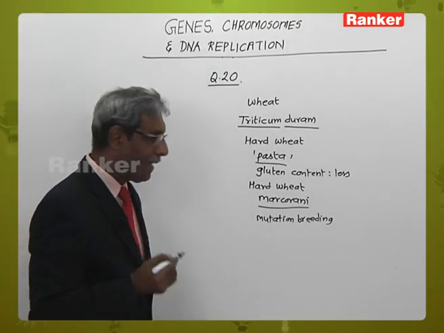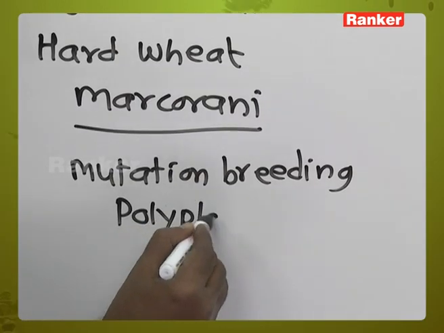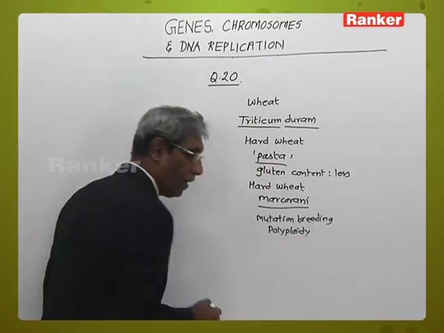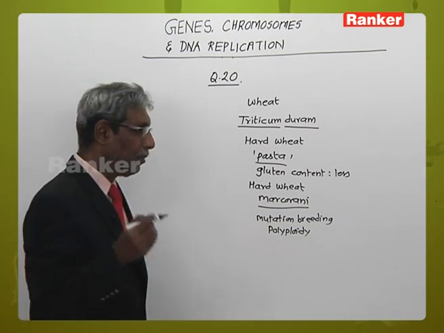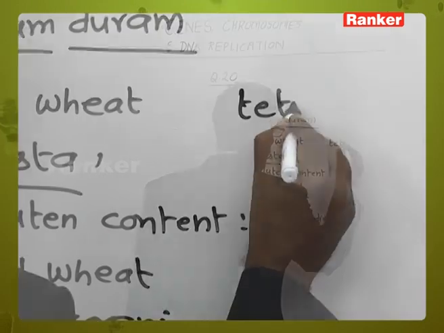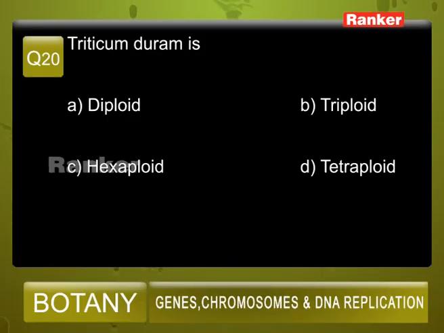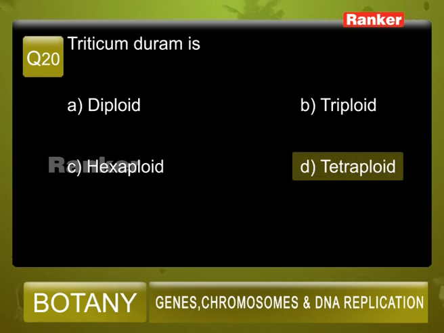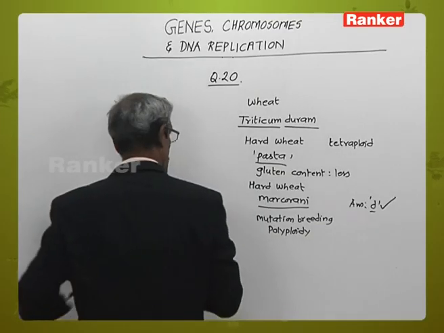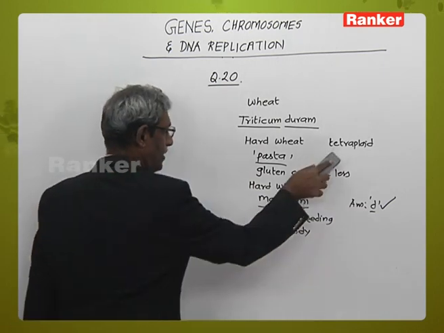And it is an example of polyploidy, where exactly the chromosome number is tetraploid, that is 4 times. The right answer is D. So, hard wheats are primarily termed as Triticum durum, and it is a tetraploid.